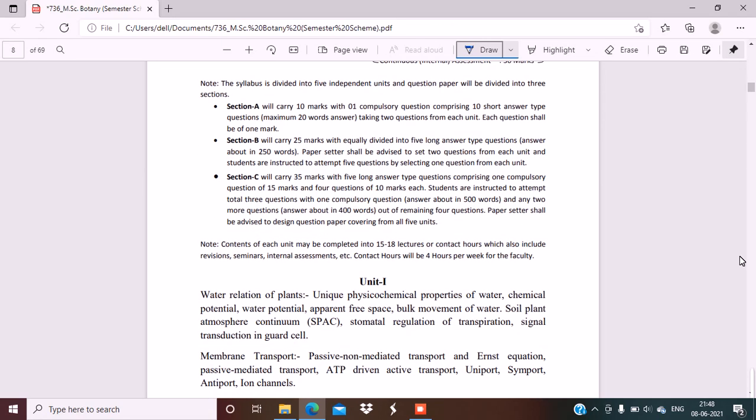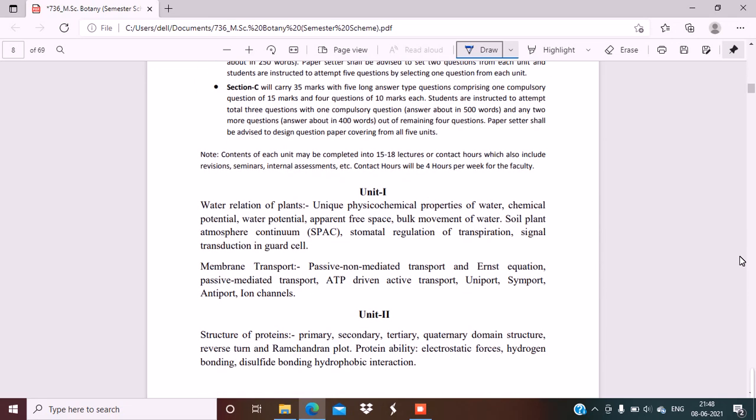For plant physiology, the first unit is water relations of plants: unique physicochemical properties of water, chemical potential, water potential, apparent free space, bulk movement of water, soil plant atmosphere continuum, stomatal regulation of transpiration, signal transduction in the guard cells.